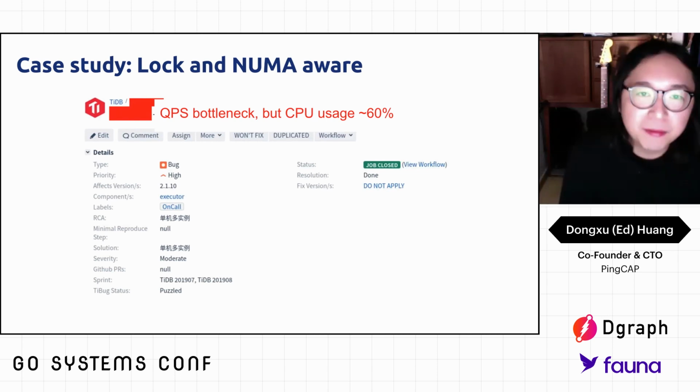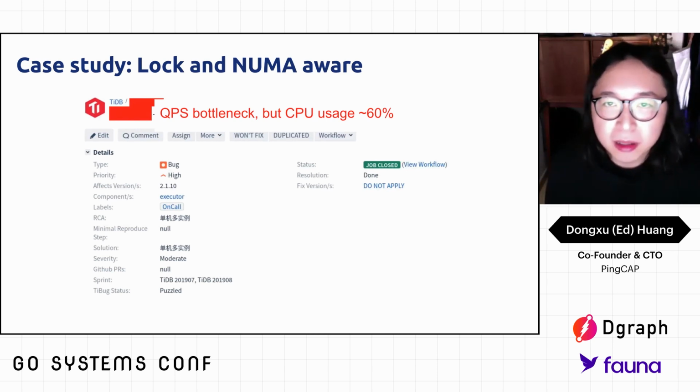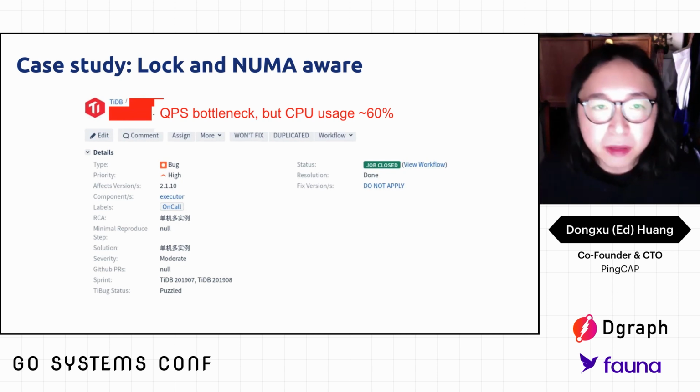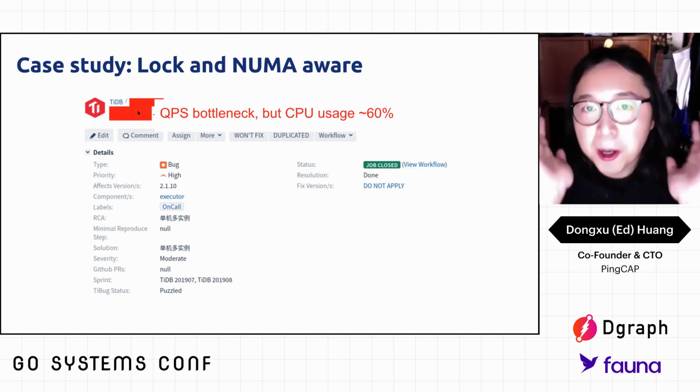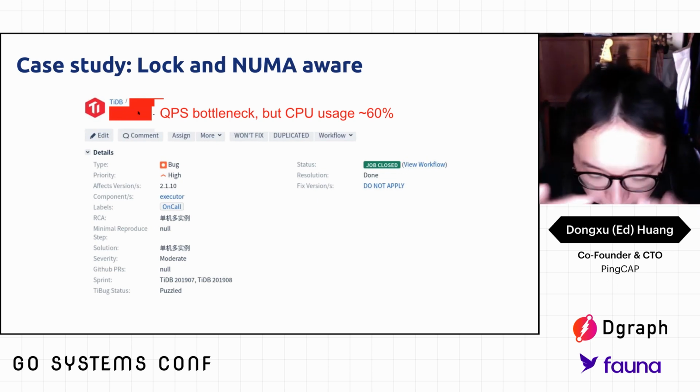Another very weird situation, related to the runtime and the GC module, is when you have so many cores on your machine.